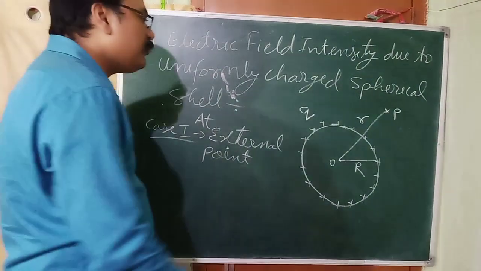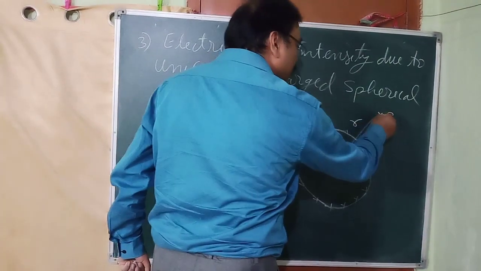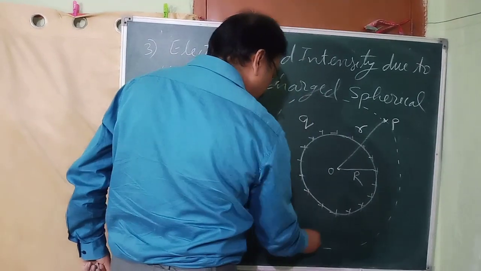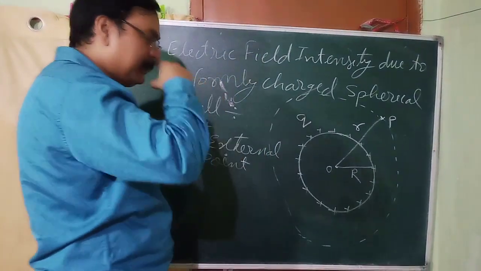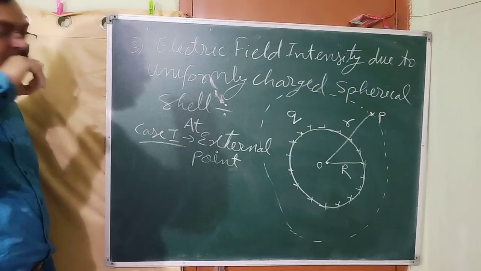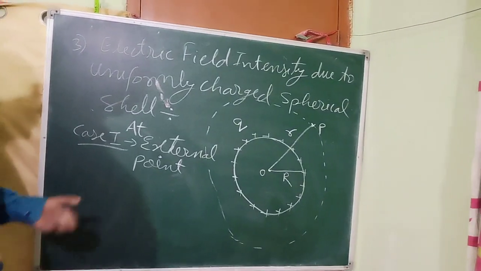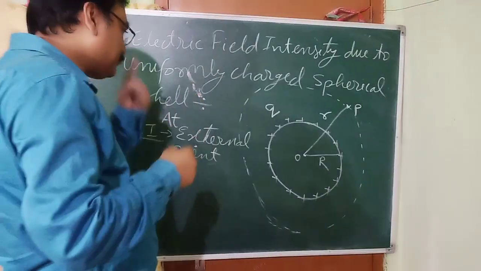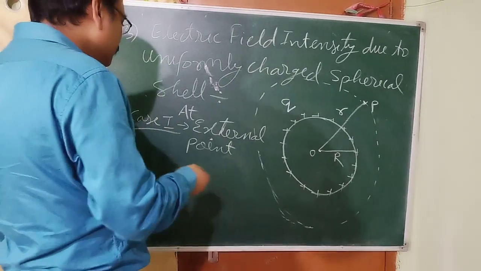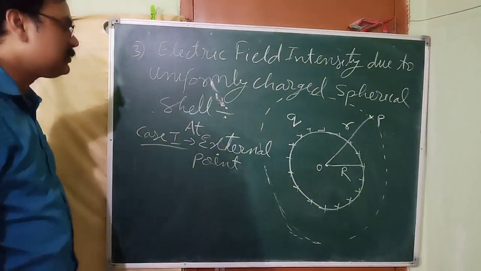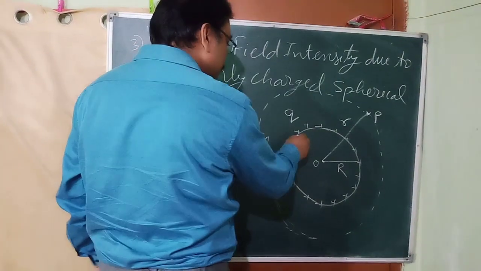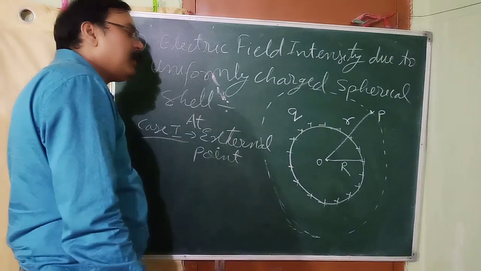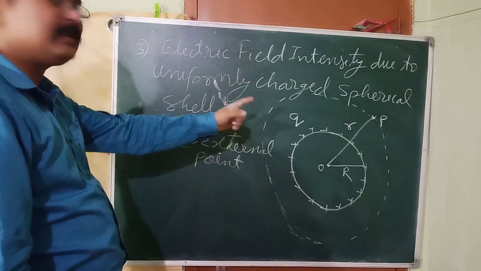Now, if you want to find the electric field at point P, we have to draw a Gaussian surface. It is not infinite, so we can draw a Gaussian surface which is symmetrical to this. The symmetrical figure for a sphere is a sphere only. So we have drawn a sphere of radius small r. Before applying the definition of flux, let us first apply Gauss law.